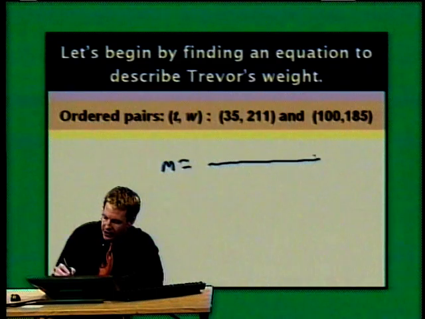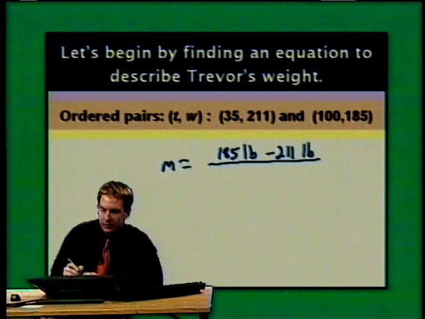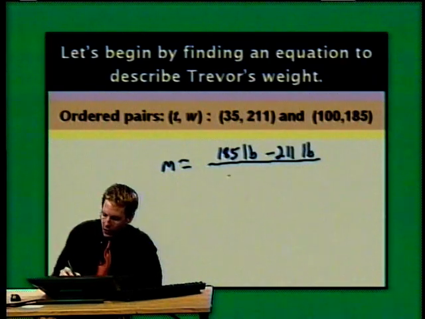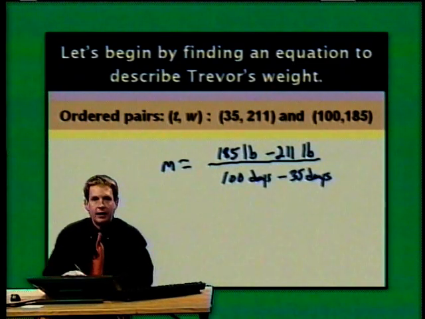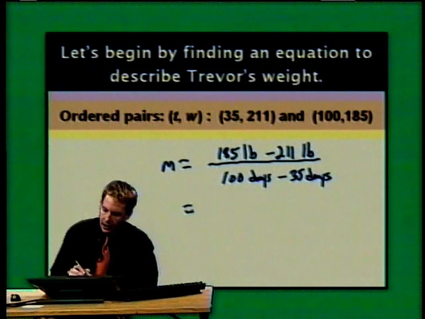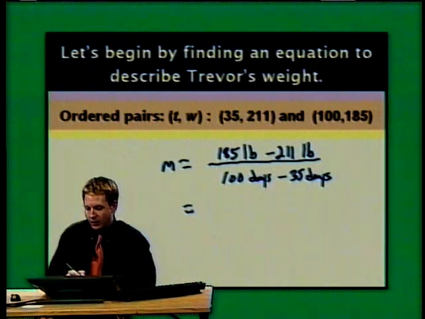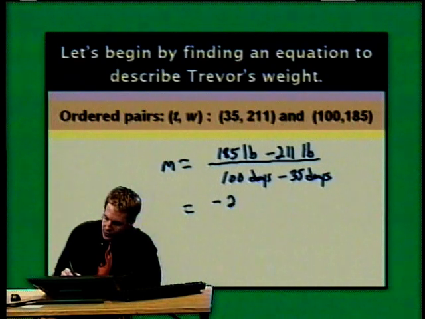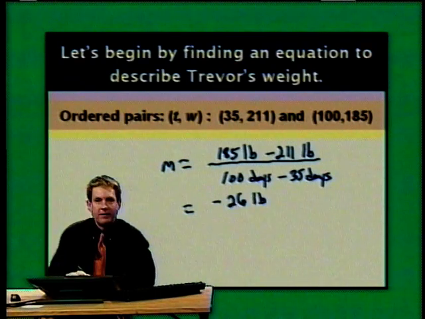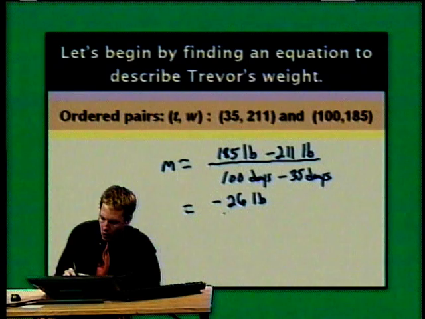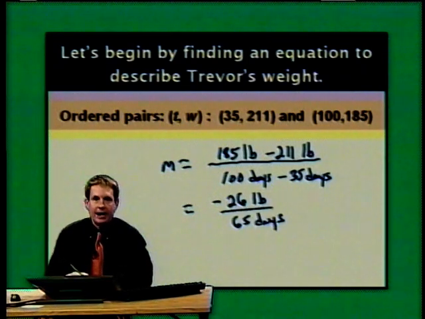So that's going to give me 185 pounds minus 211 pounds in the numerator over 100 days minus 35 days in the denominator. 185 minus 211 is negative 26. So I have negative 26 pounds over, it looks like, 65 days.